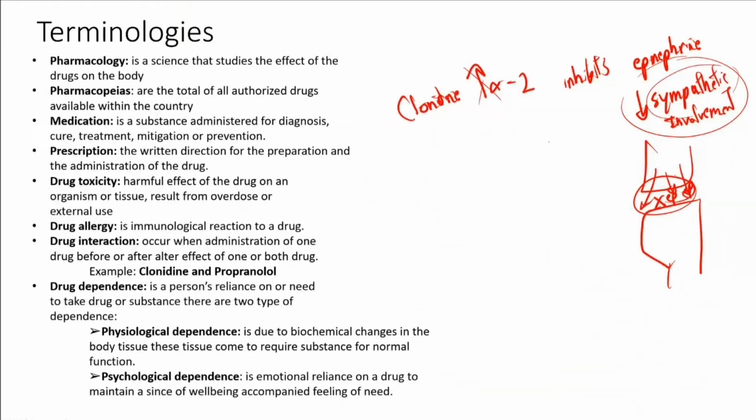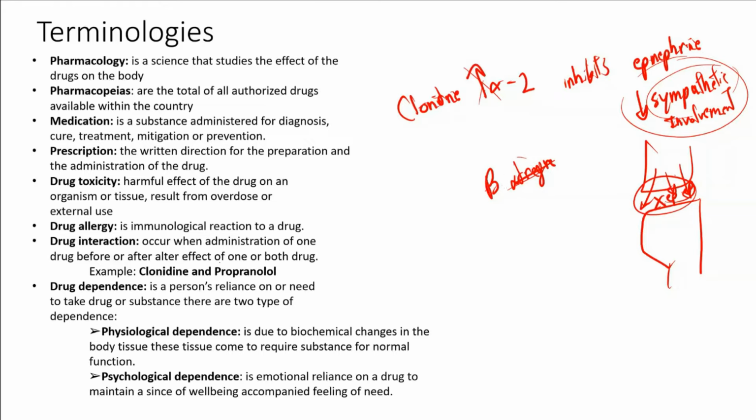Now, in order for the body to compensate for these excitatory mechanisms, you will want to have a response with the beta receptors. You should have a negative feedback loop with the beta adrenergic receptors.